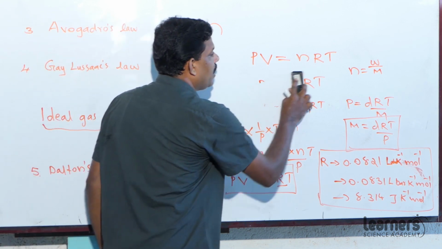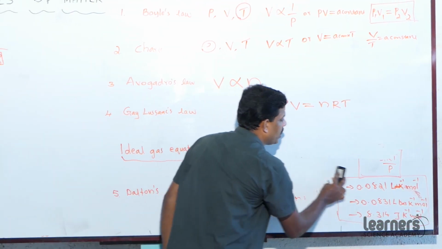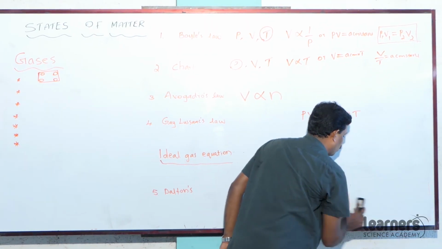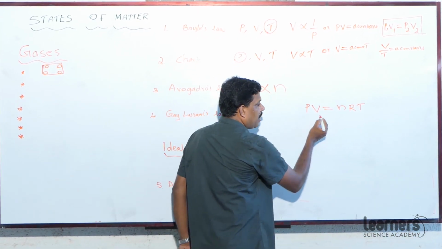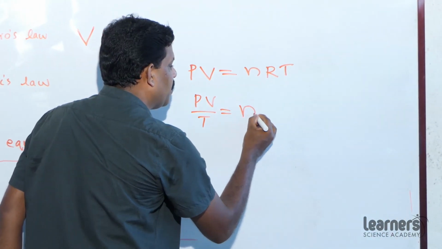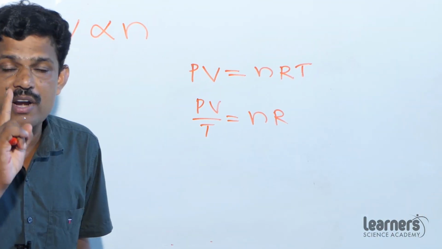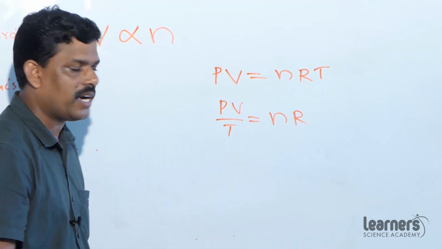We know that according to the ideal gas equation, PV is equal to nRT. Rearranging, PV by T is equal to nR. For 1 mole of a gas, R is a constant and n is 1.